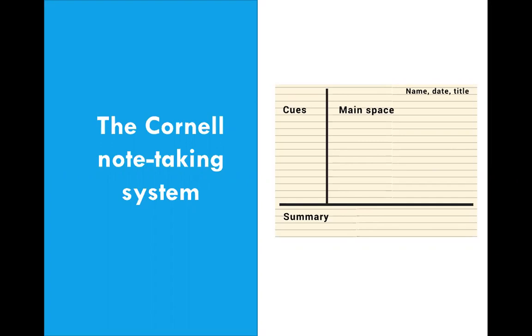2. Record. This is the actual note-taking process. It is interesting to note that this component only takes up one of the 6 total methods, which demonstrates how important review and reflection is to the note-taking process.